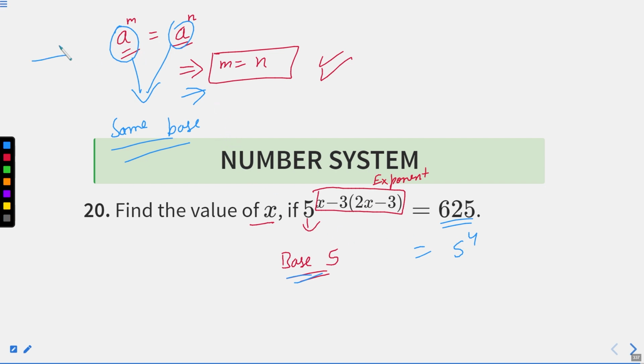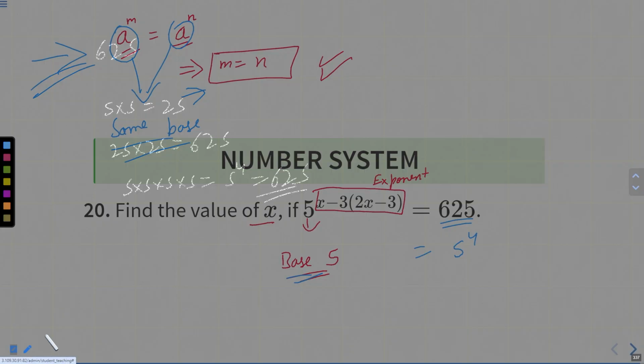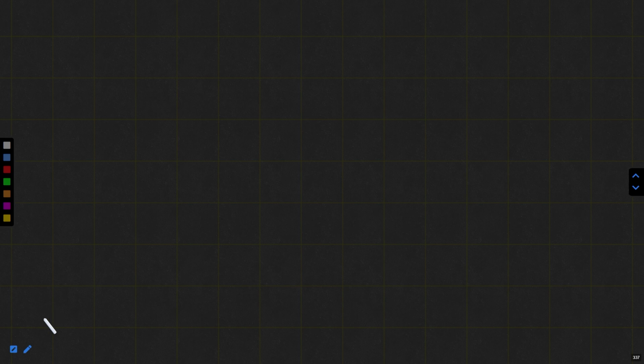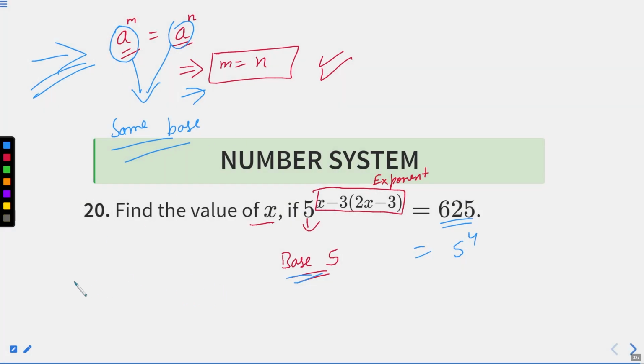Now using this rule, I can easily conclude that x minus 3 plus 2x minus 3 is equal to 4.